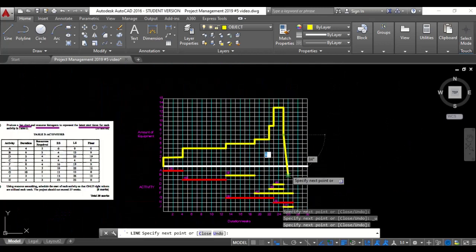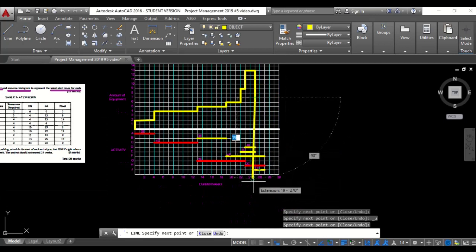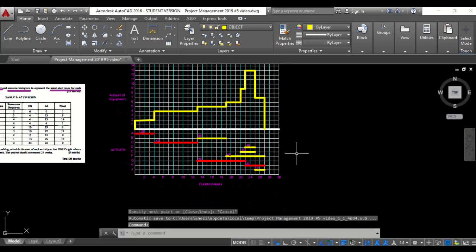And then, that's a line there. And then for the remaining 2 weeks, we are at 7. So we bring it across for 2 weeks, and then we close our histogram. And that is representing the information that is in this bar chart.